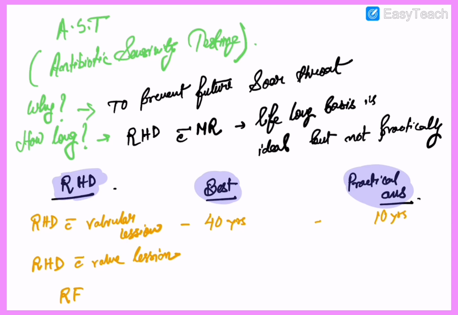Rheumatic heart disease without valve lesion: ideally 1 year, practically 10 years. Only rheumatic fever: ideally 21 years and practically 10 years.